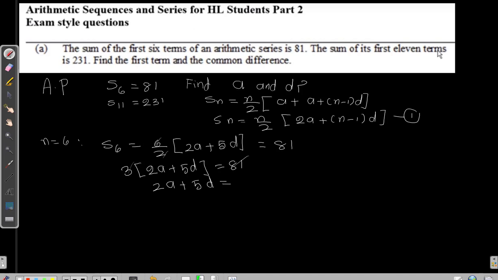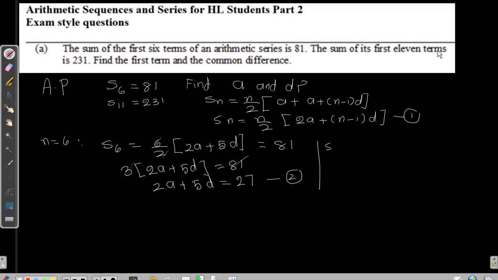So 3 goes into 81 twenty-seven times. This one I'm going to call equation number 2, and I'm going to do it over here because I don't have much space.